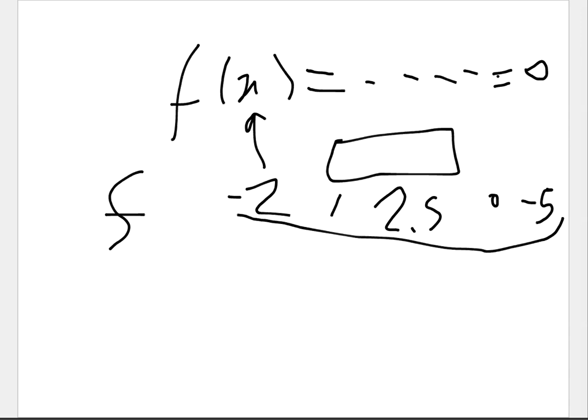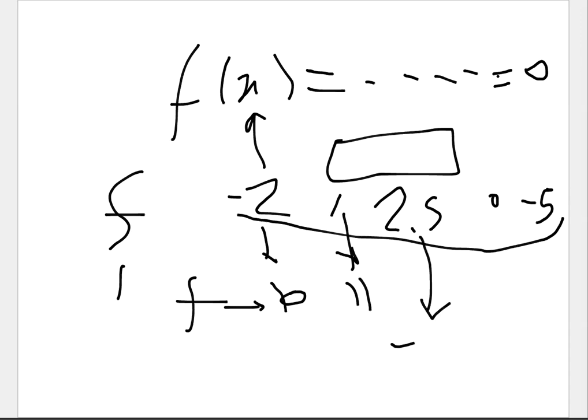For example, f(-2) is 10, f(1) is 11, f(2.5) is -7, f(0) is 2, and f(-5) is 3. We have some answers: -2, 1, 2.5, 0, -5.